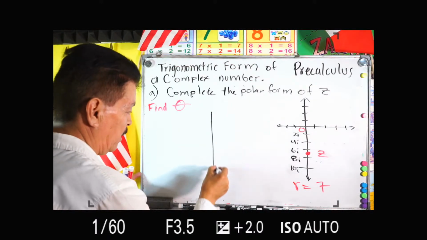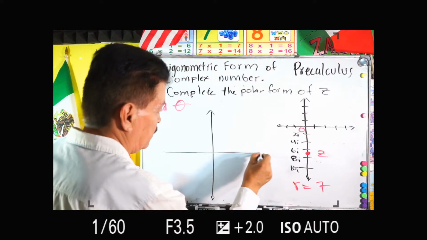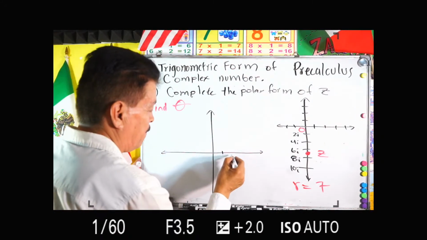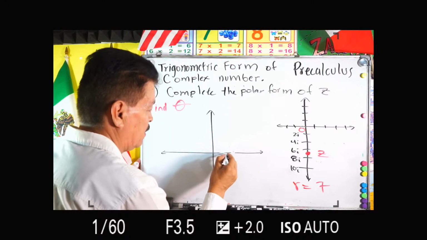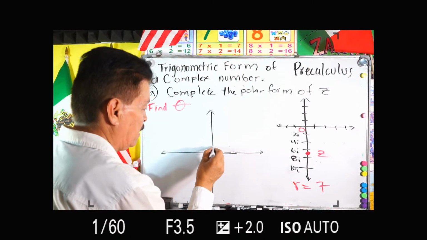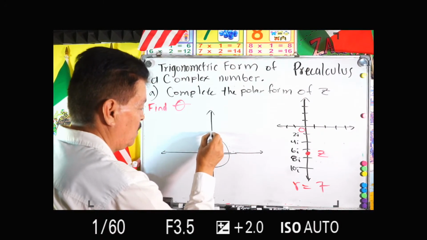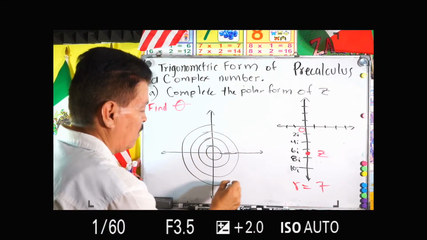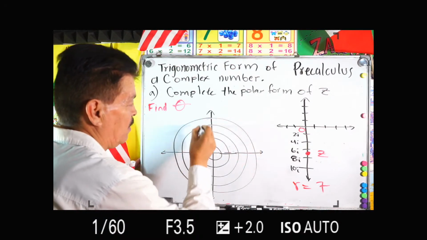Remember I already made this picture before. I'm going to make these circles 1, 2, 3, 4, 5.